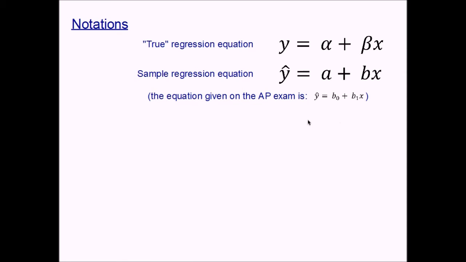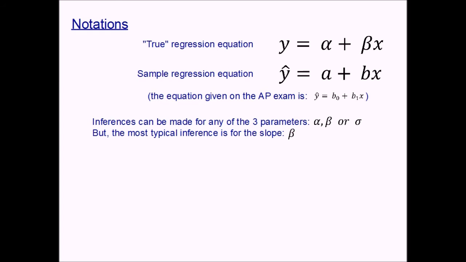Although, again, on the AP exam they use b naught and b1, but it's the same thing, just different symbols. So inference can be made actually for any of those three parameters: the y-intercept, the slope, and the standard deviation. But really what we are going to focus on is just the slope. That's the most typical both confidence interval and test of significance that we will do.